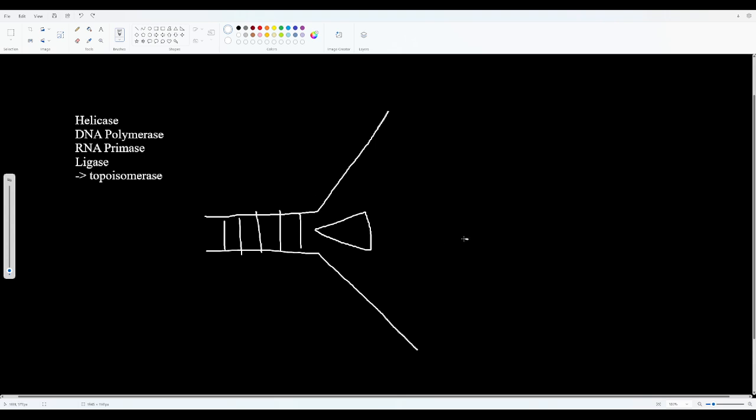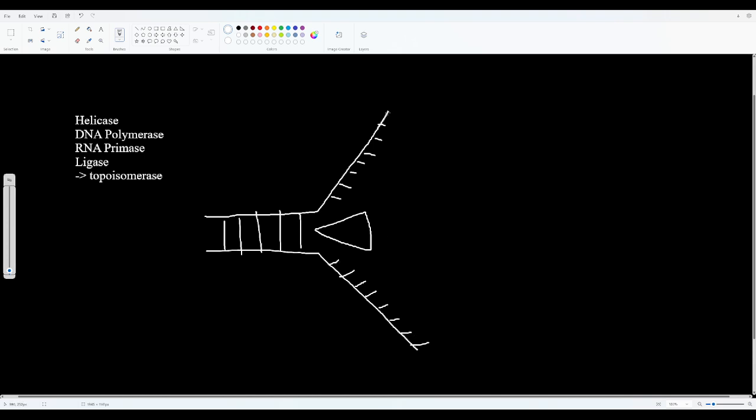So the helicase is what's unzipping the DNA. We just have to cut down the middle, just like a zipper. It goes in and breaks those hydrogen bonds that maintain the structure of the DNA, and it breaks it in half.